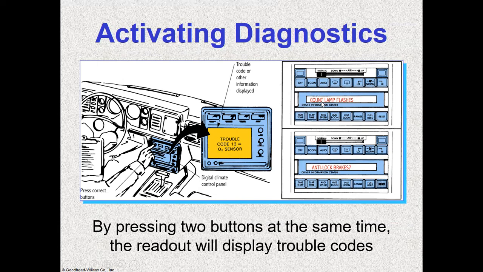Over here you can see where they say count lamp flashes, and based on the lamp flash, you can see the anti-lock brake system is at fault. By pressing two buttons at the same time, the readout will display the trouble code. So this one is a different method of retrieving the code. It requires a button combination.